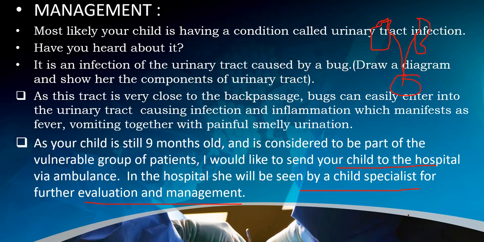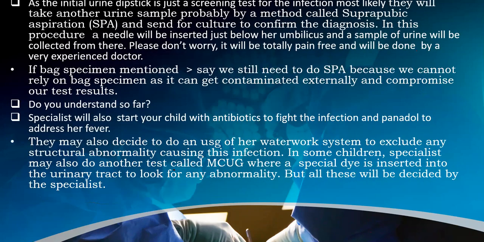Because less than 1 year old children are vulnerable, they are high risk patients. What if it can turn into a sepsis later on? So that's why. So first of all, explain what is urinary tract infection, and then send the child to the hospital for further evaluation and management.